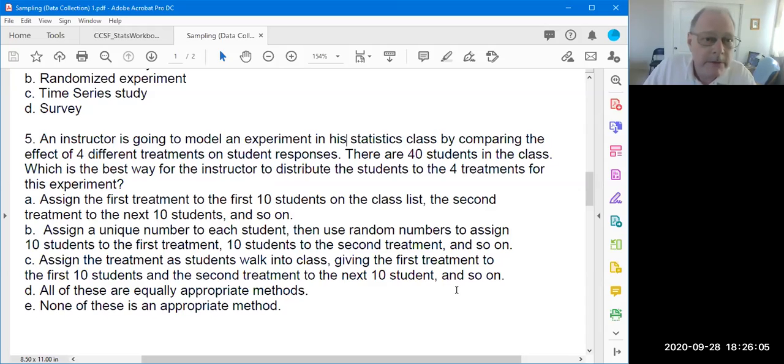That language is from Module 7, but just 4 different worksheets, let's say, 4 different circumstances that you try to see what's the difference. And so what's the best way to distribute the students into the 4 groups?